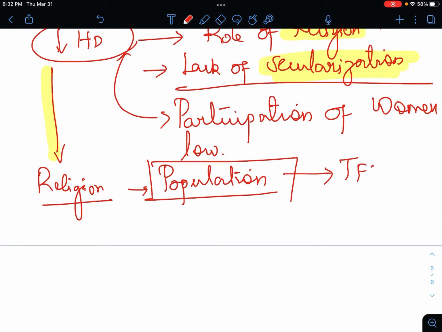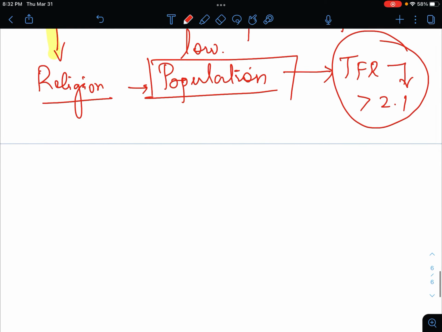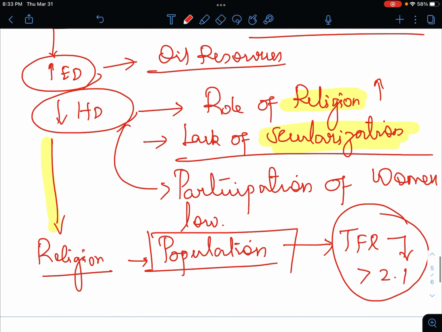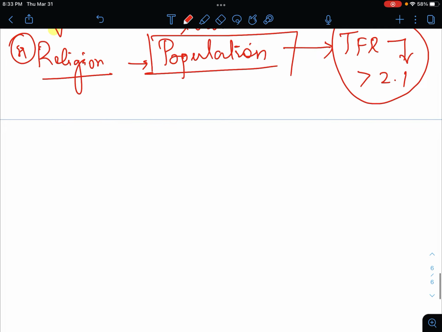The total fertility rate for the Middle East countries is largely above 2.1, which is the replacement rate of population. The next thing is that we have seen 1, 2, okay, 3, 4. Now the fifth point is lack of diversification of economy.